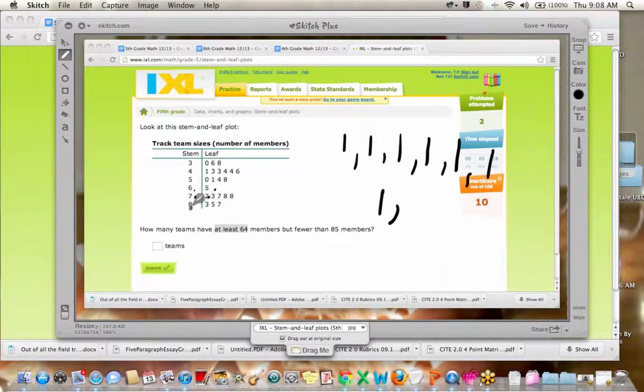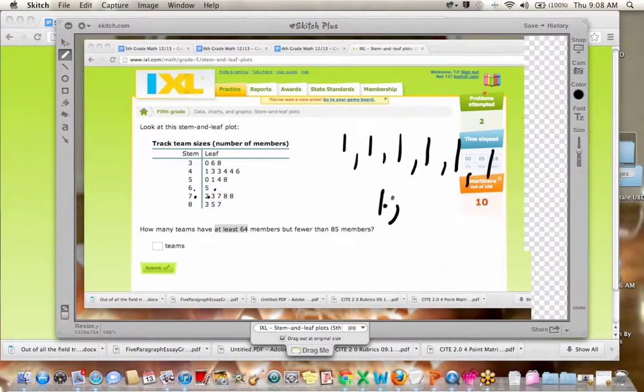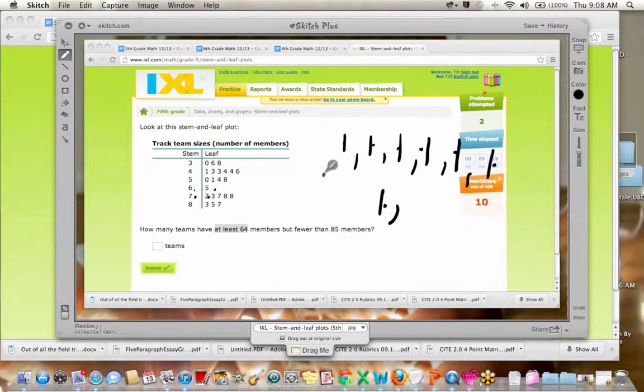And then that's it because the next value would be 85. So 1, 2, 3, 4, 5, 6, 7. Looks like there are 7 teams that have at least 64 members, but fewer than 85 members.